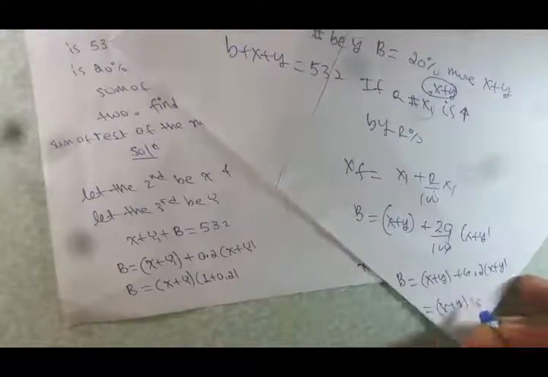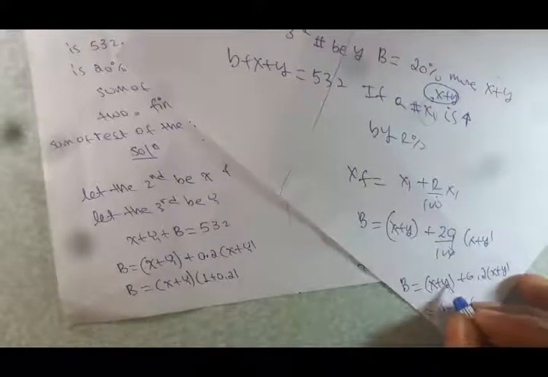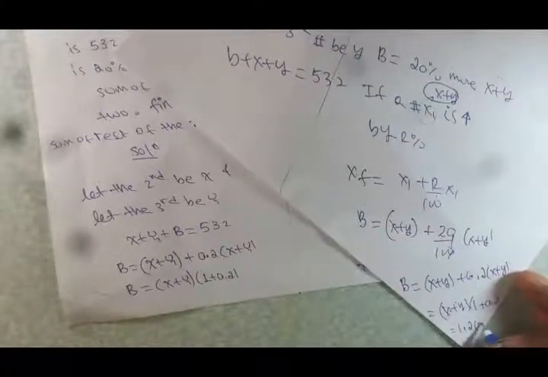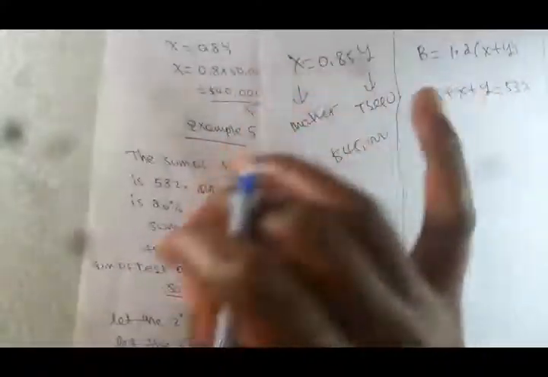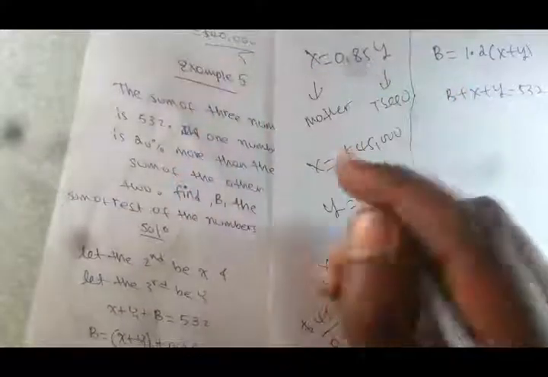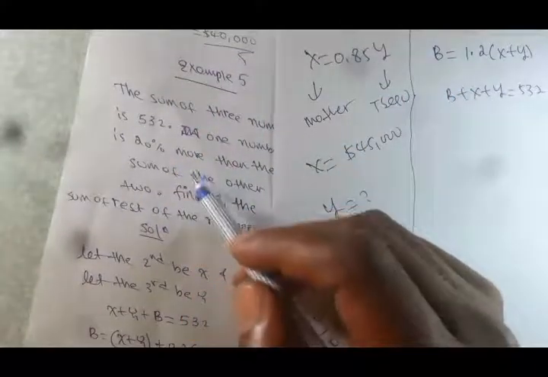When we take x plus y as common, 1 will be left, and with 0.2 this is equivalent to 1.2 times x plus y.